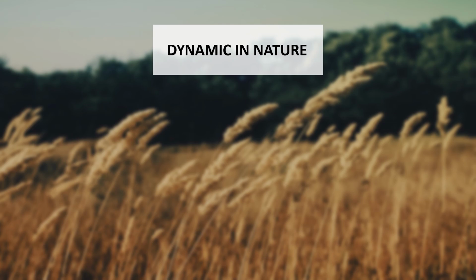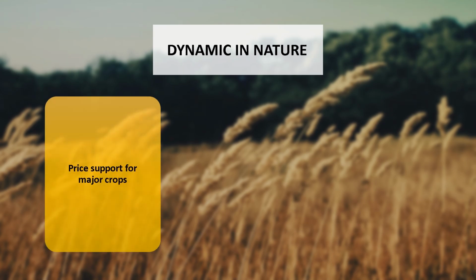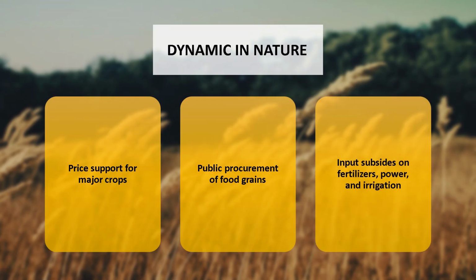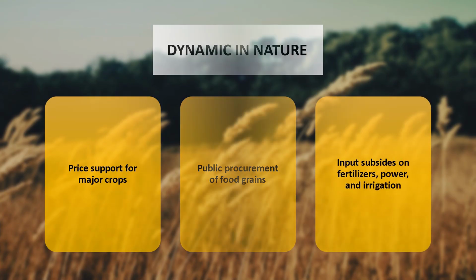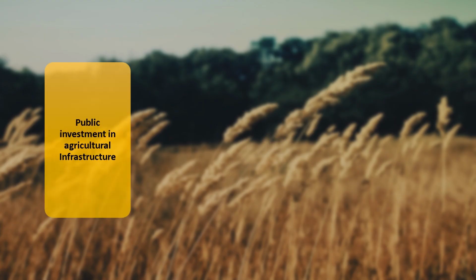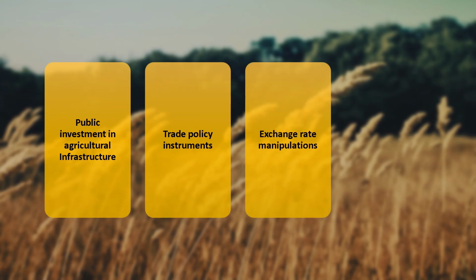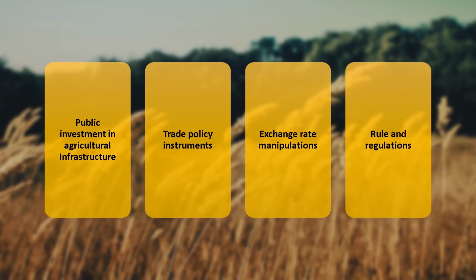Major instruments we use in the country are price support, public procurement of food grains, then input subsidy on fertilizer, power and irrigation, then public investment in agriculture infrastructure, then trade policy related instruments. There are exchange rate manipulations to achieve the agriculture sector objectives, and certain rules and regulations are framed from time to time to achieve efficiency in the agriculture sector.